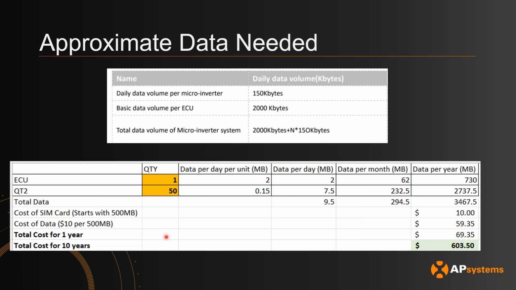I've done a quick example of the cost of a plan. This is one where I have a 50 QT2 site with one ECU, and I estimated for 10 years, with a SIM card that I had found in the States. So I use USD in this example.